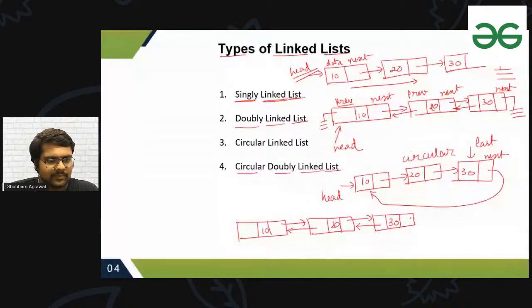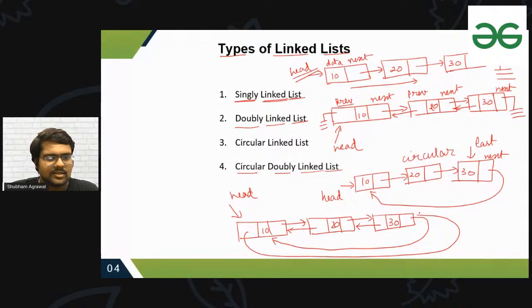The next of the last node points to the head, and the previous of the head also points to the last node. So this is our doubly circular linked list.